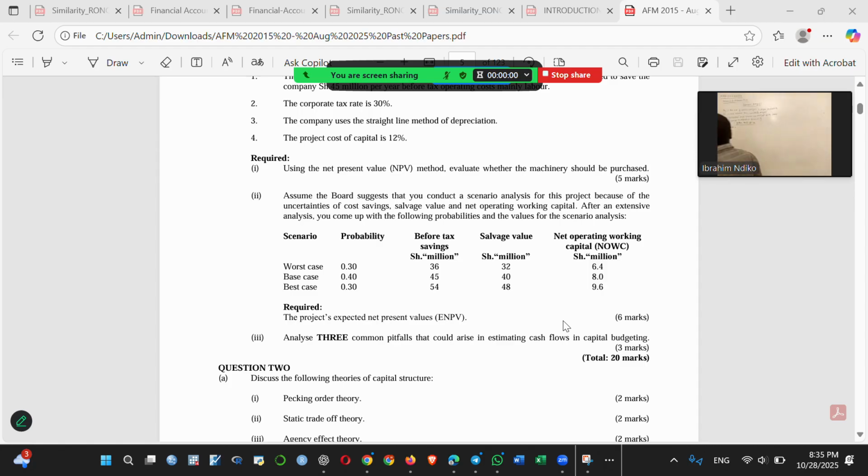What is the NPV? We got our NPV of 30.0894. It is the last NPV we calculated above. Now, what is the probability for this case? 0.40. Now we need to calculate also the NPV for the other items.